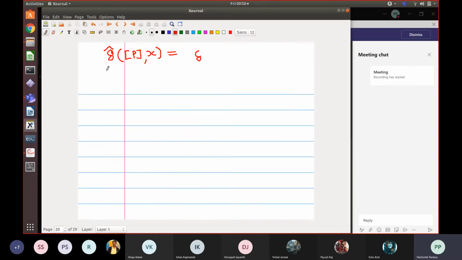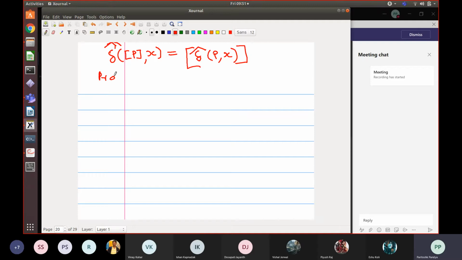So let me write this very clearly, because there can be confusion here. Here we have delta prime, because we are starting from a basket and moving on a string in the collapsed automaton. And if we take the extended transition in the collapsed automaton, this is the same as starting with P in the original automaton, going through the whole string X, taking delta hat of that, and then taking the equivalence class of the final state after X in the original automaton.